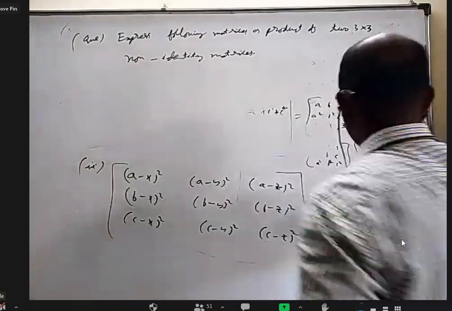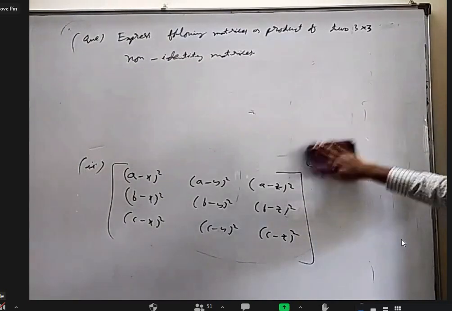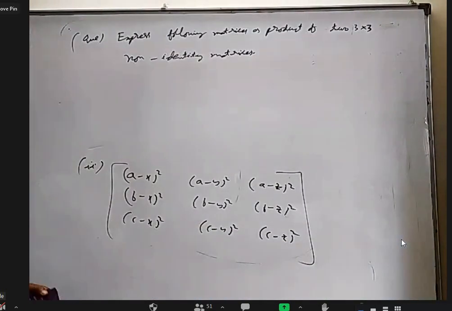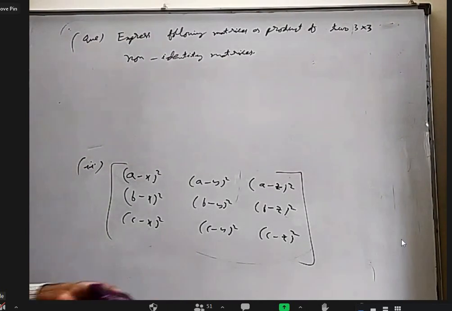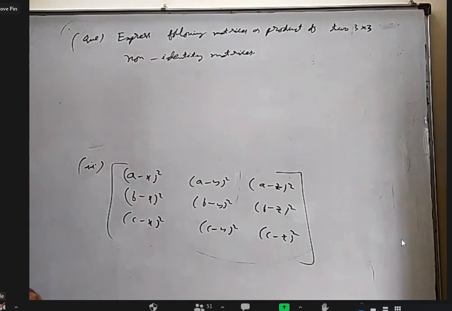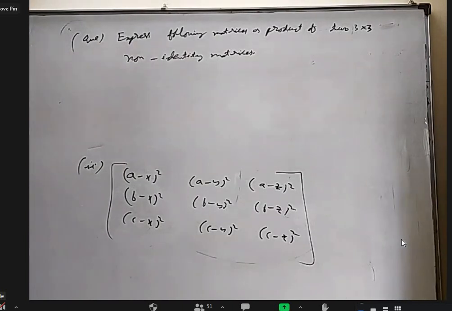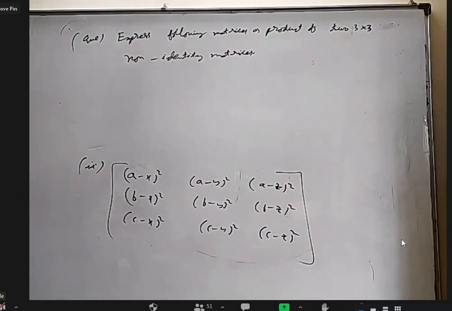Sir, for the first matrix, the first row will be a square minus 2a 1, b square minus 2b 1, and c square minus 2c 1. Yes, okay. For the second matrix, the first column will be 1 x x square, then 1 y y square, and 1 z z square. Yes, that's good. Excellent, Cooper.